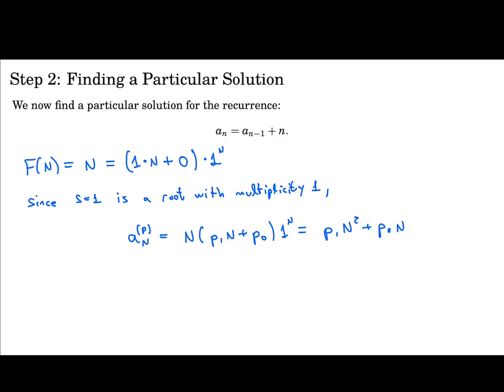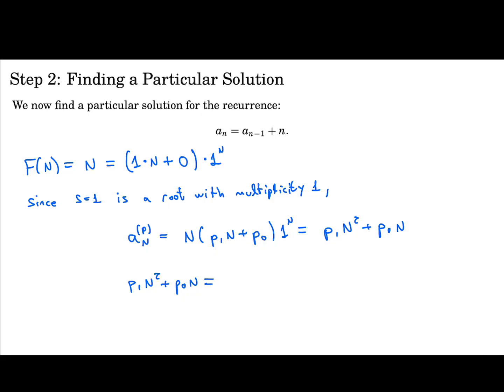If we substitute this particular solution in the recurrence, what we get on the left is p1 n squared plus p0 n, that's a_n. And this will be equal to a_(n-1) plus n.